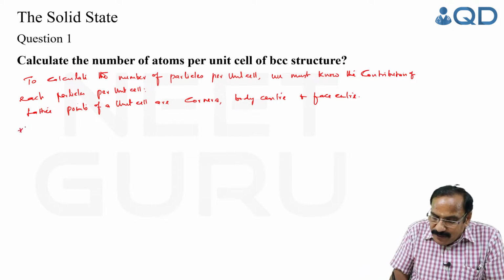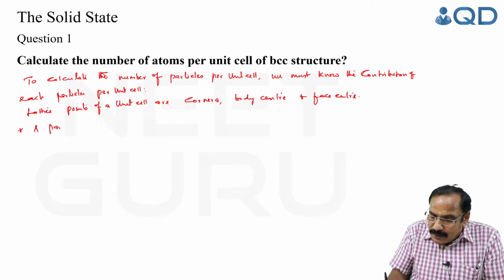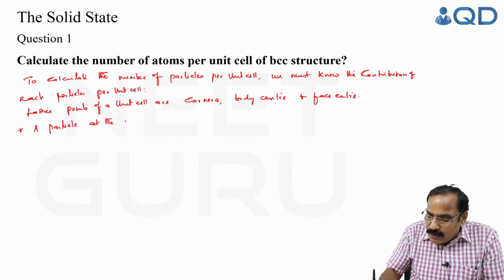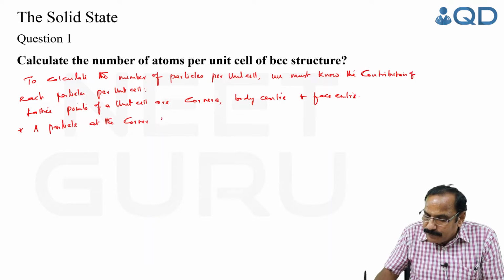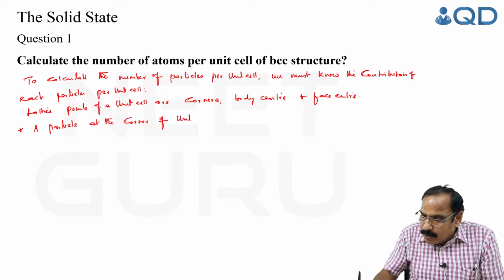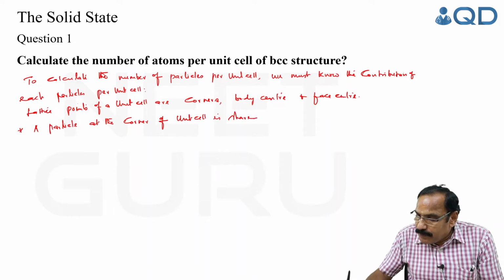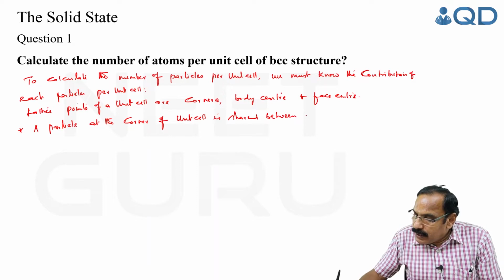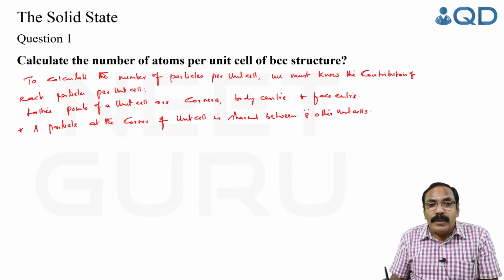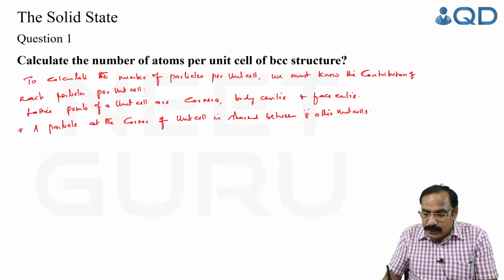Very important. A particle at the corner of a unit cell is shared between 8 other unit cells, you see. So, a particle at the corner of the unit cell is common to 8 others.